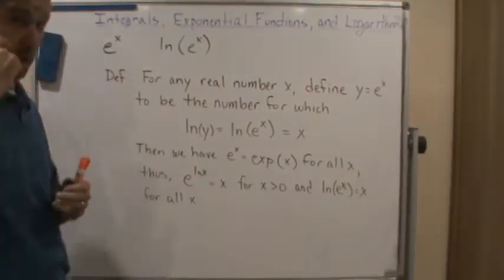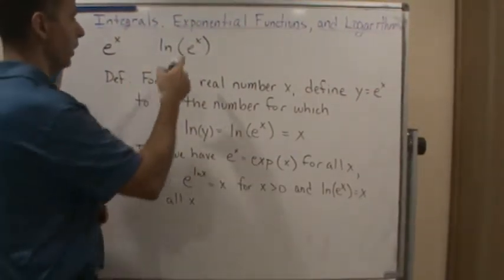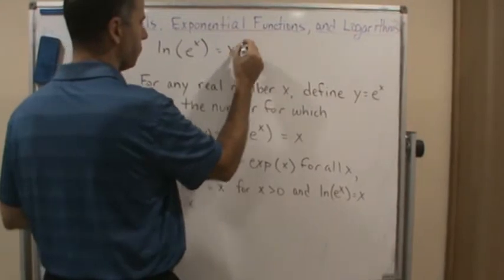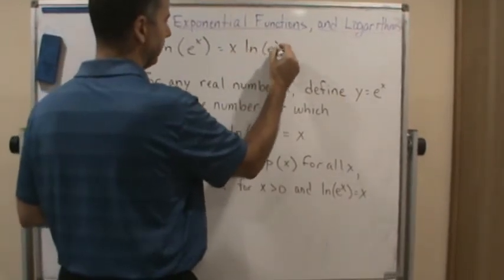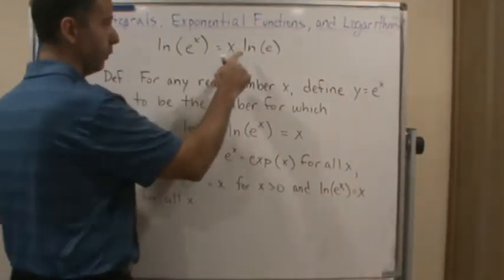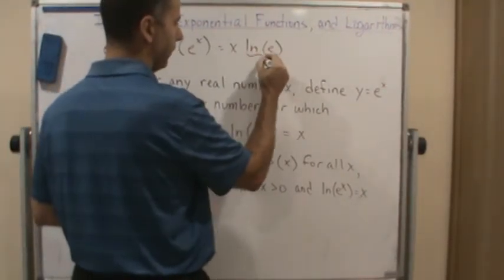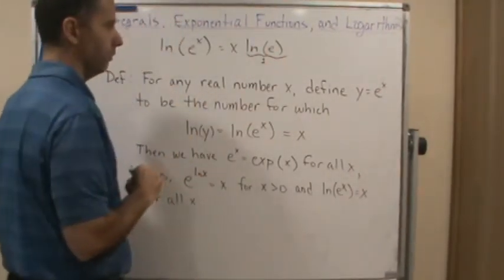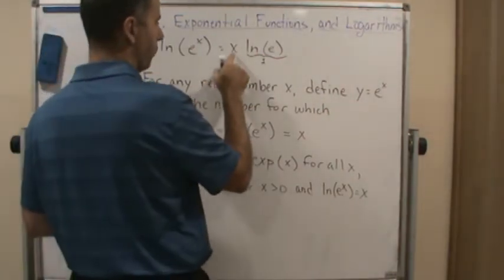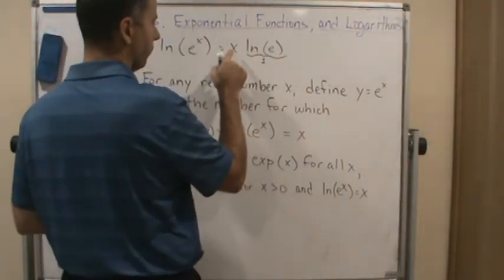And then based on the properties of logs that we proved earlier, we can pull the x out, and that becomes the natural log of e, which again we've shown is equal to 1. And so we get x.